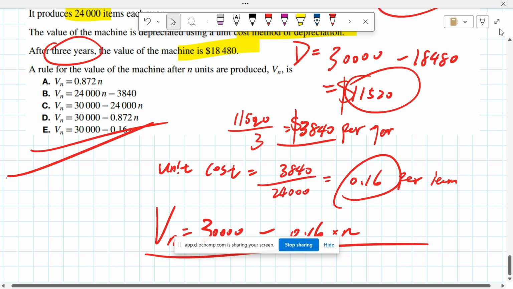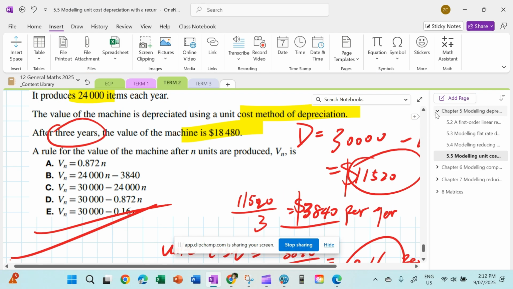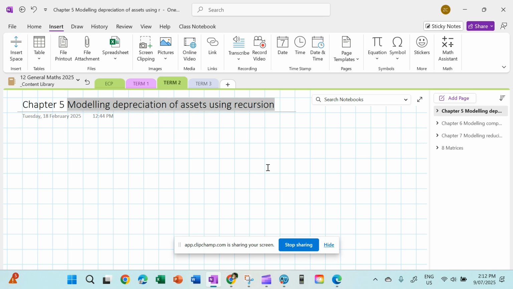This is all of chapter 5 we have been doing so far. Hopefully that all makes sense. I will see you guys in chapter 6, where we start with compound and simple interest.